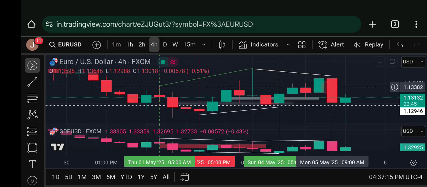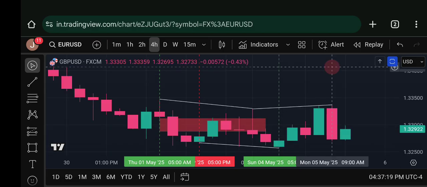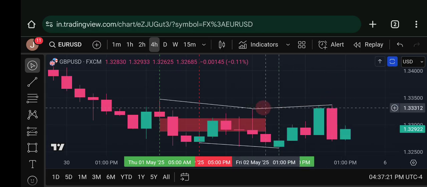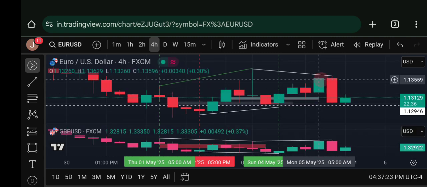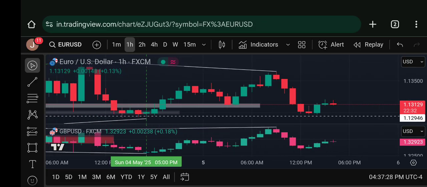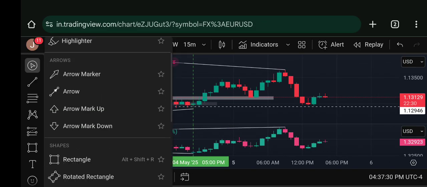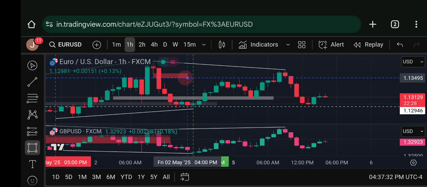We can see that. This might confuse you guys. Just a second. Here price made a higher high and price made a lower low, that price respected this 1 hour bearish fair value gap here.